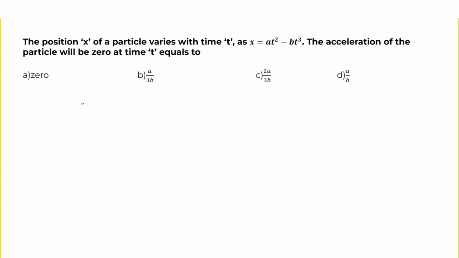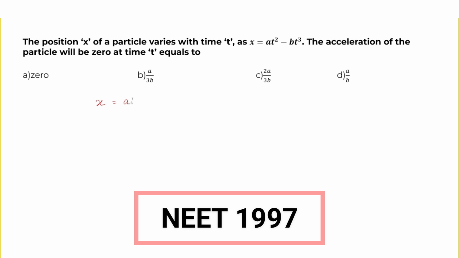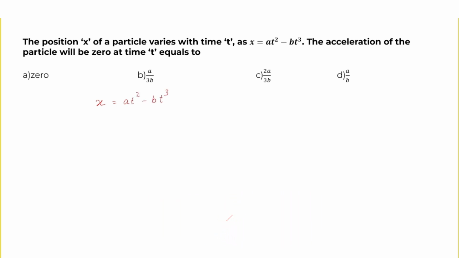Position x of a particle varies with time as x equals at square minus bt cube. The acceleration of the particle will be 0 at what time? So let's find first the velocity. That will be equal to dx by dt, and that equals 2at minus 3bt square.